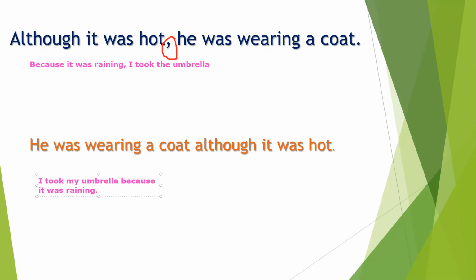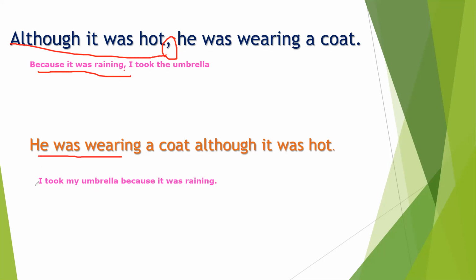Why do you think? There is something common between these two examples. I started with something that made me put a comma, but here I did not start with it.